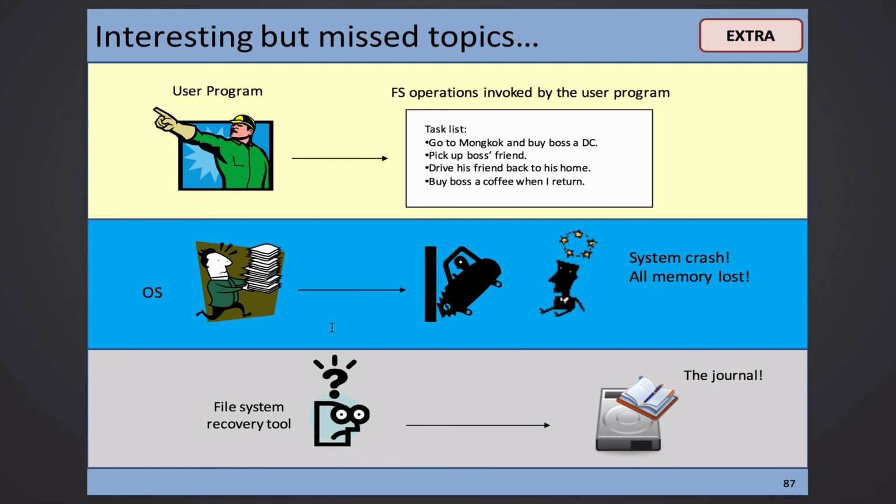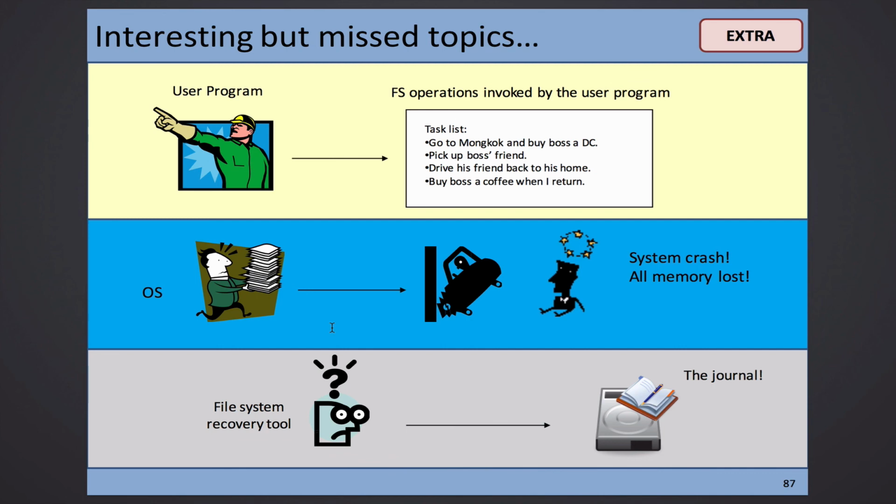But with the journal, you will end up with a completed task, or it rolls back to the previous status.